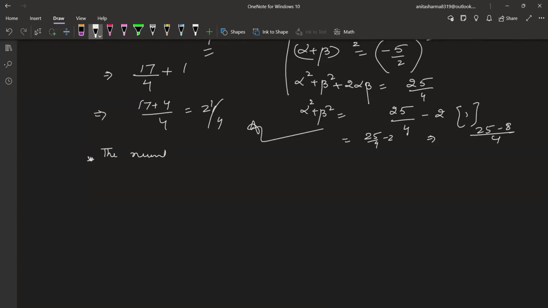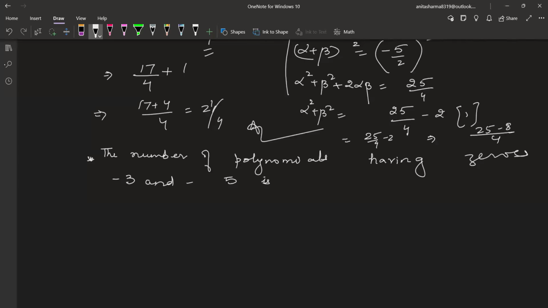The number of polynomials having zeros -3 and -5 is. So options are: A option is 1, B option is 2, C option is 3, and D option is infinitely many, or you can say more than 3.